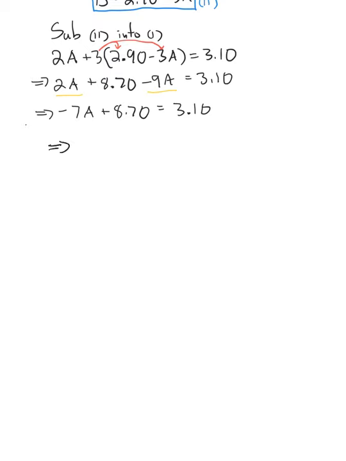So we already have the a's on the left-hand side, so let's just subtract 870 from both sides. So we get minus 7a equals, well, 310 minus 870.